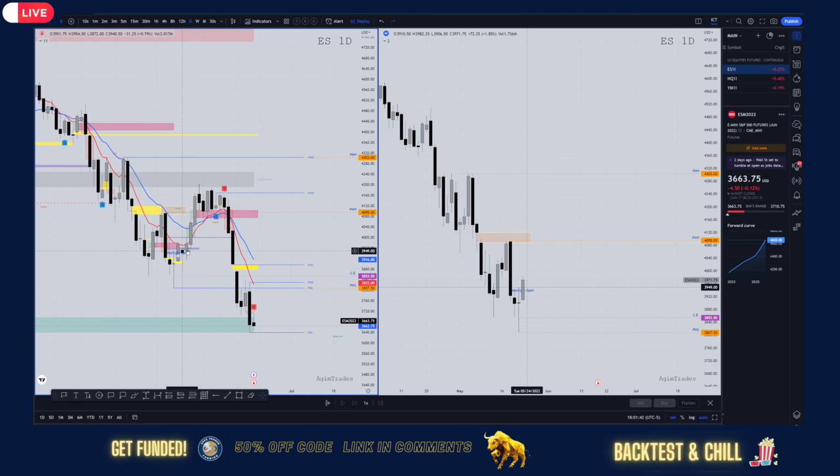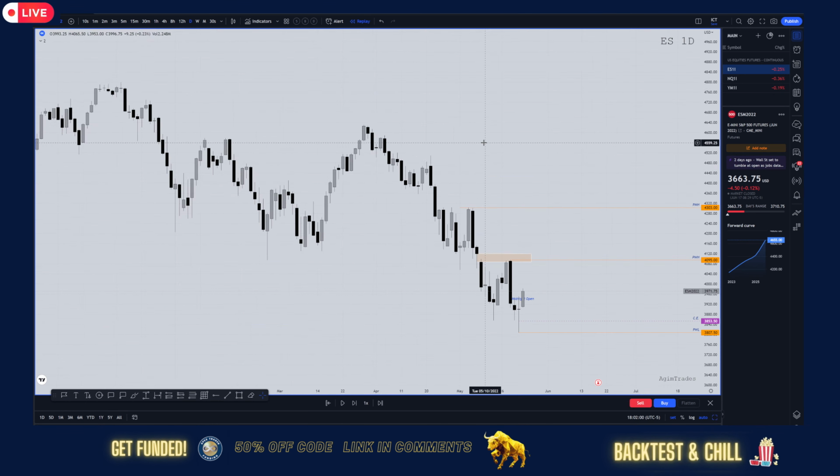Try to spot them manually, but yeah, we can see expansion to the upside. I was pretty much right. After we fill in, we have a volume balance here. It just helps me spot volume balances and fair value gaps and stuff that I missed. This has inside bar type of days that I tend to miss. So yeah, I cheated myself there by getting a sneak peek into the week. But we have another volume balance here. So we kind of know how price is going to react already.